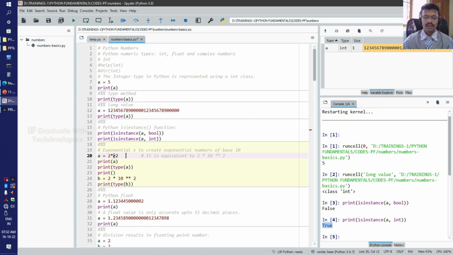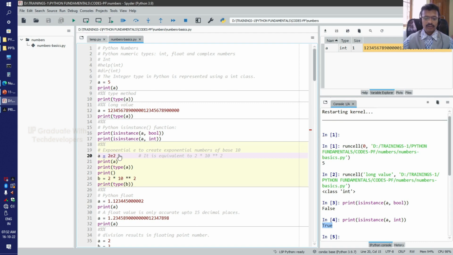If it does not match with the normal integer value, then we will get an error. So avoid using special characters when you are using the exponential function.